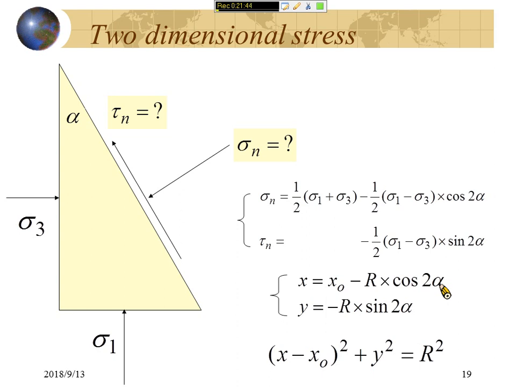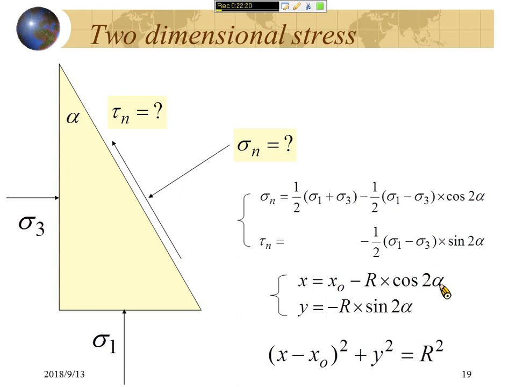Can you understand that? This Mohr circle equals a stress tensor that has 4 components, and you can illustrate it via a graphical method. Okay? So what is the Mohr circle? The Mohr circle is a combination of all of the possible normal stresses and shear stresses in different coordinate systems.